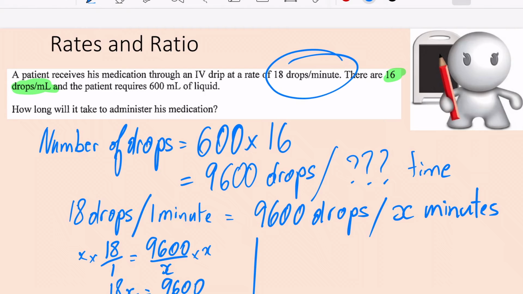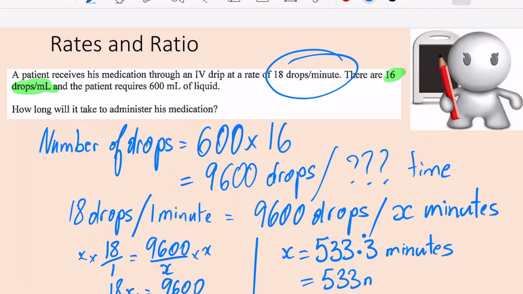Then when I divide both sides by 18 to work out the time, I get x is equal to 533 and a third minutes. I think that's a good answer. Or you can say 533 minutes. A third of a minute is 20 seconds. Either way, that's a good answer.